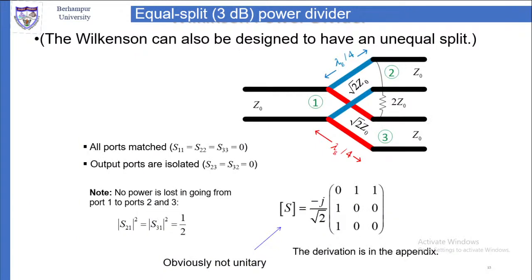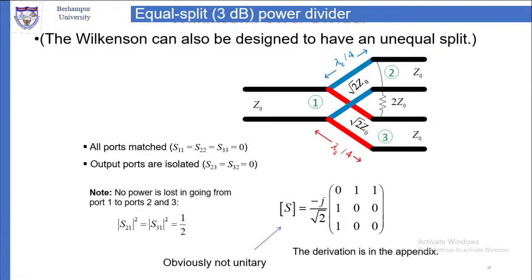Then we will come to something called equal split or 3 dB power divider. We considered a power combiner example. Now whatever power we are giving at port 1 is to be divided equally between port 2 and port 3.